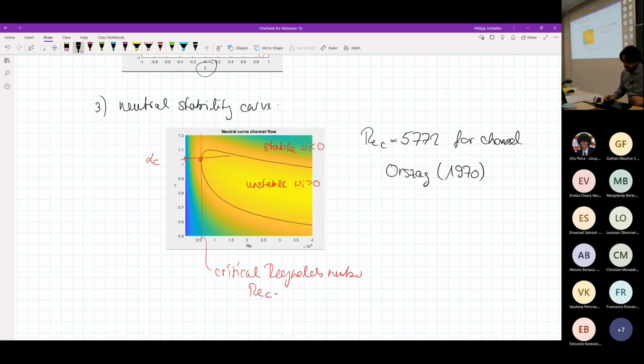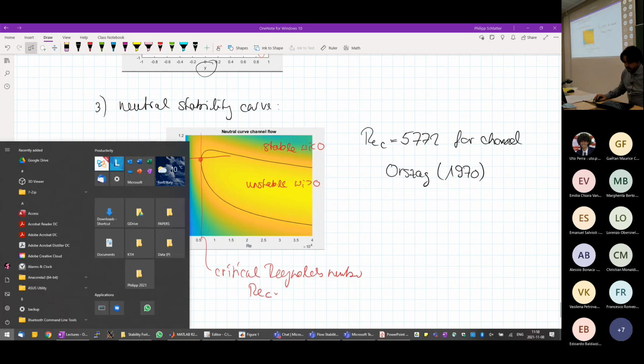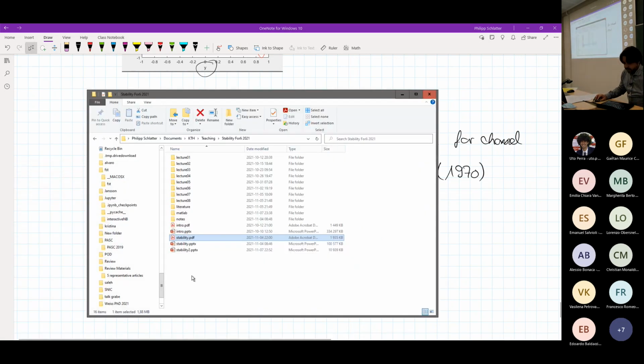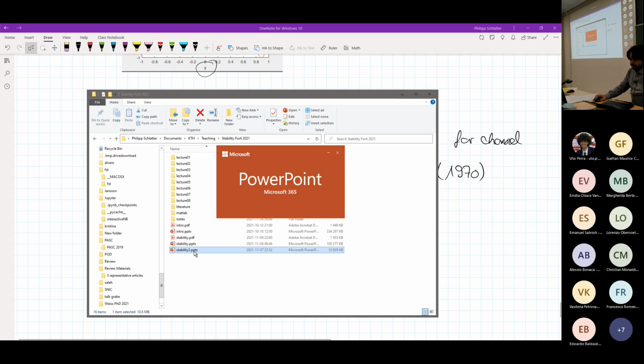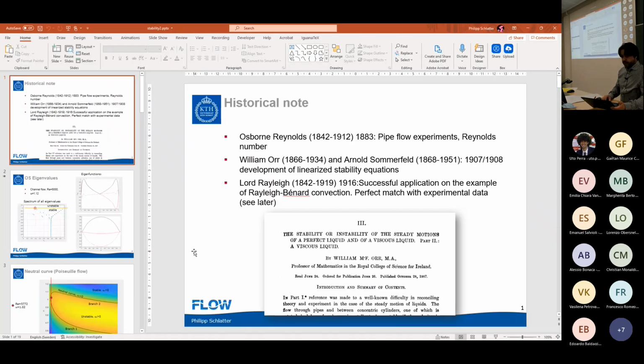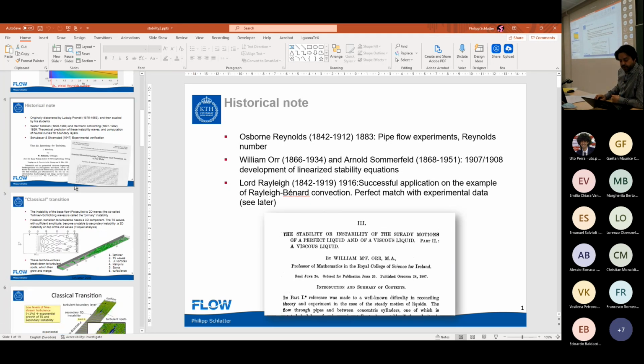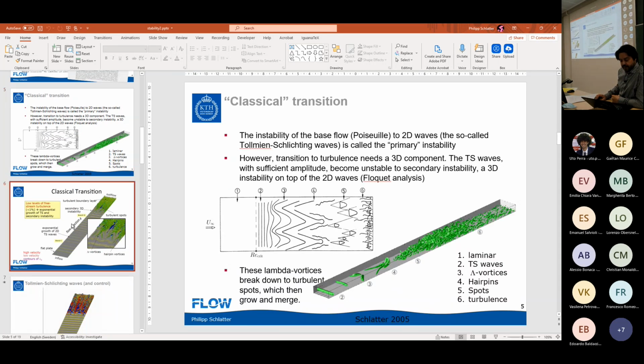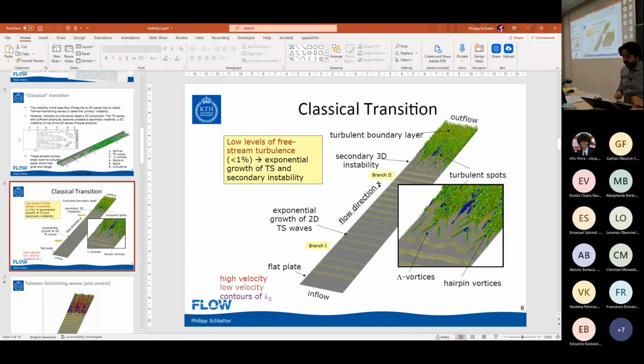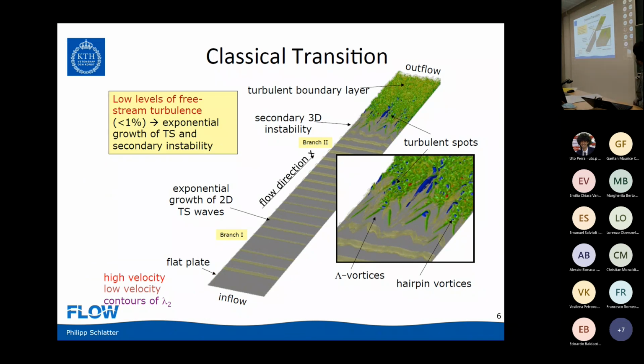Okay, now there's one last thing that I would like to show you. We talked about all these waves and so on, but there is actually a nice visualization of these TS waves, so that you can actually see how they look. And that is shown on this slide, which I will also provide you in the material.